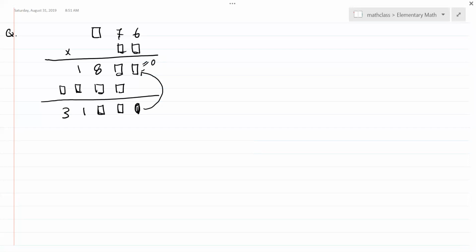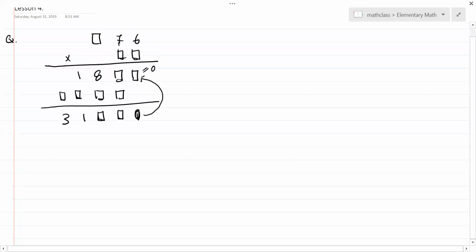If it's 0, then how do we get that number, right? 6 times, this is a product, right? This is a product. 6 times some number gives you the last digit is 0. Right? What is that number? This number could be 0, 0 times 6 is also 0, right?